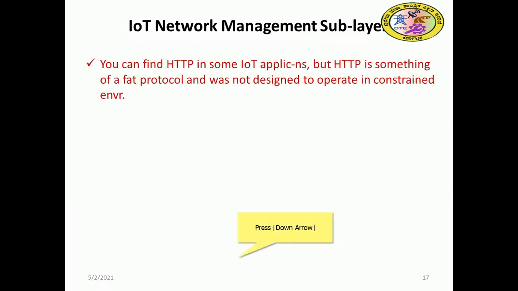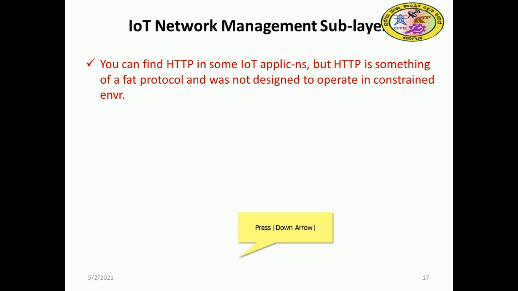So you can find HTTP in some IoT applications, but this is a web protocol. It is not designed to operate in a constrained environment. It is for a fully information technology, non-constrained environment, so that could be quite a healthy environment for it.